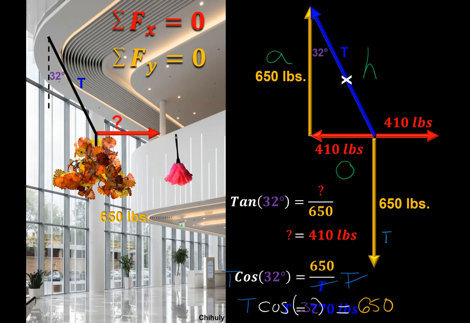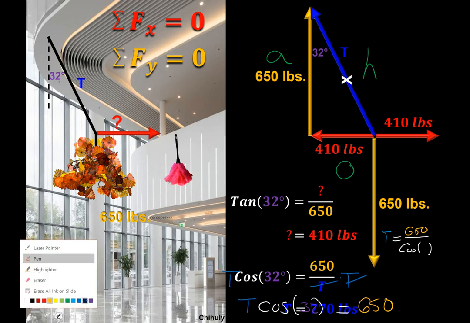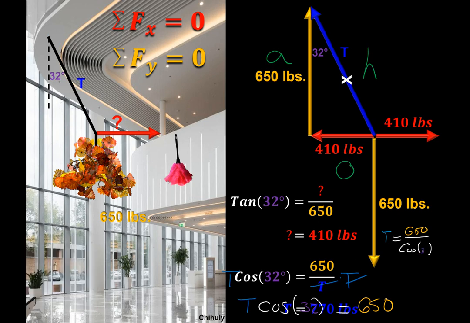You would get your T equals 650 divided by cosine of 32. You plug it in your calculator, and you would get your tension equaling 770 pounds.